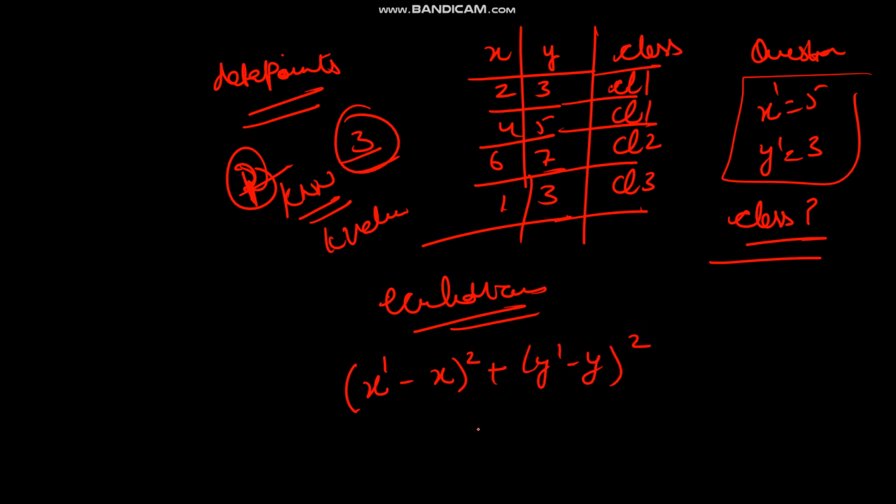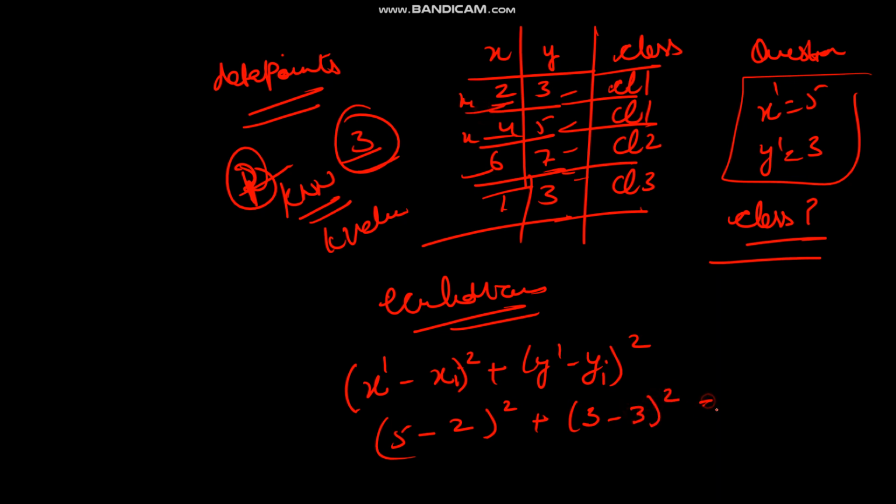What does it mean? x dash is 5 minus the x value, which will keep changing, like xi equal to this, then this, and this. Similarly the y value will keep changing, so xi and yi. In the very first case, it is x dash minus 2 squared plus y dash, that is 3, minus 3 squared.